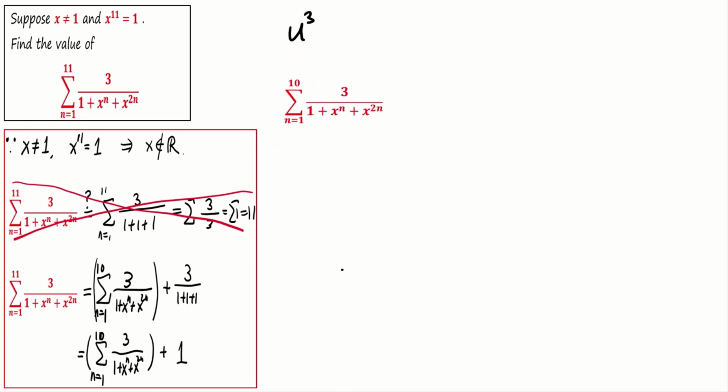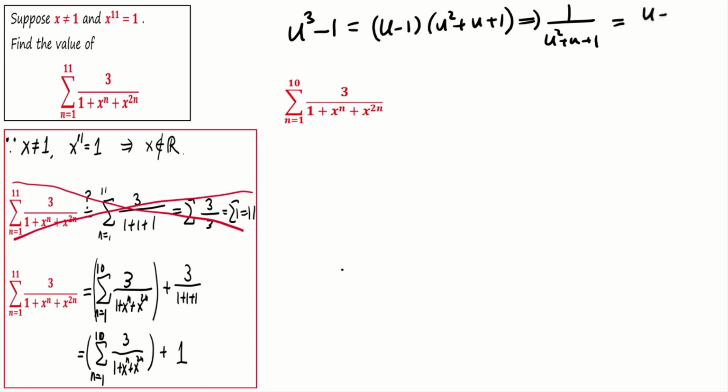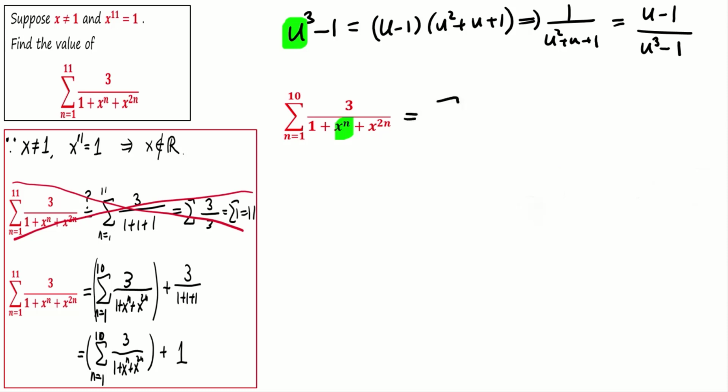We recall that u to the power 3 minus 1 can be written as u minus 1 times u squared plus u plus 1. So this means that 1 over u squared plus u plus 1 can be written as u minus 1 over u to the power 3 minus 1. If we treat x^n as u, then this can be written as the sum of 3 times x^n minus 1 over x^(3n) minus 1, where n runs from 1 to 10.